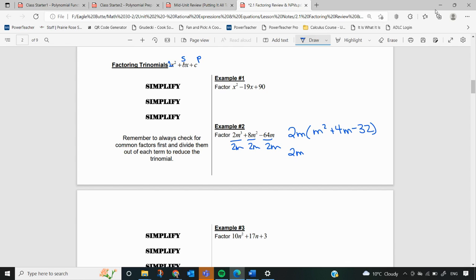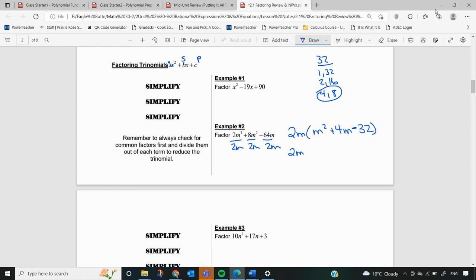When I want to find two numbers that multiply to be 32 and add to be 4, I might want to list my factors. So 1 and 32, 2 and 16, 4 and 8, and so on. Well, the numbers that are going to have a sum or difference of 4 is 4 and 8. If my last term has a negative sign, that means that my factors will have opposite signs.